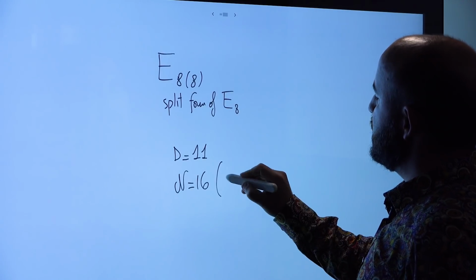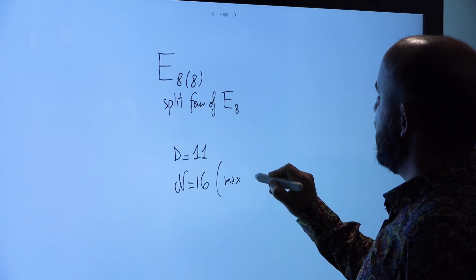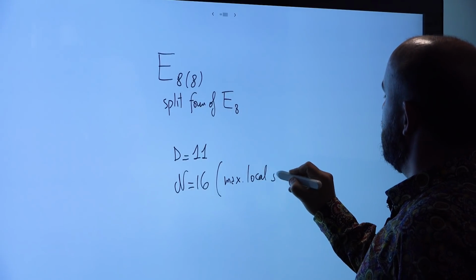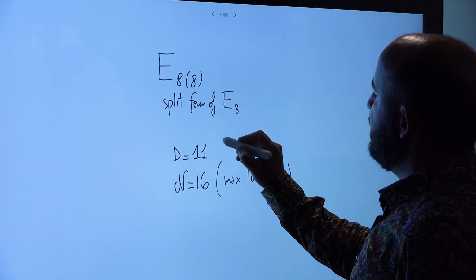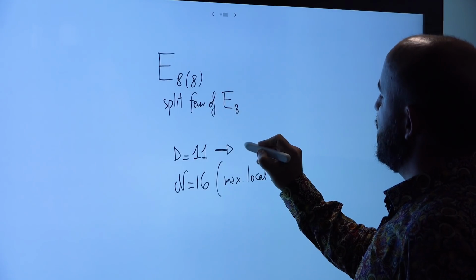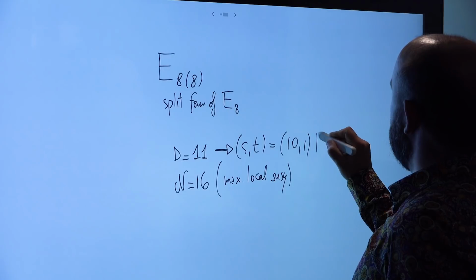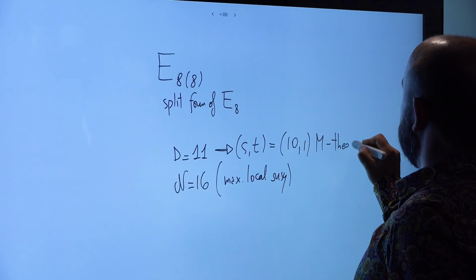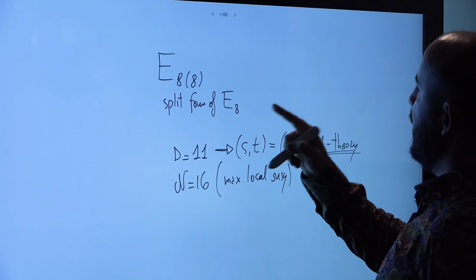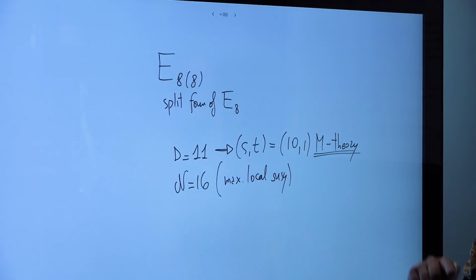N equals 16 means maximal supergravity, maximal local SUSY. And D equal 11 means a signature which is (10,1), and this is M theory. So if you want, this is the Super-Ehlers embedding. I'm going to write the Super-Ehlers embedding for M theory.